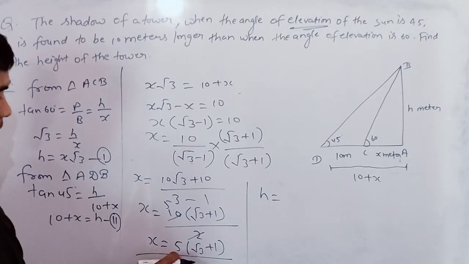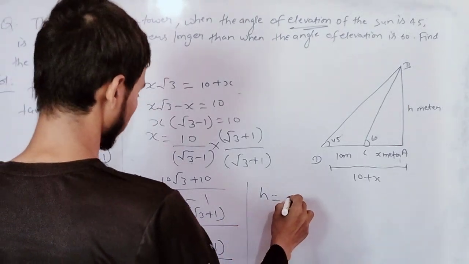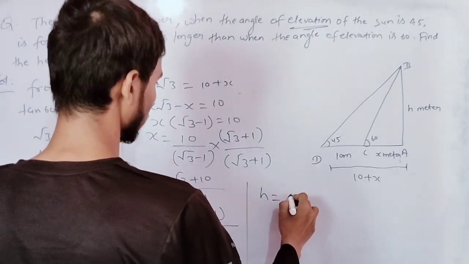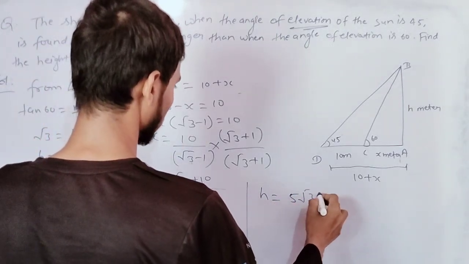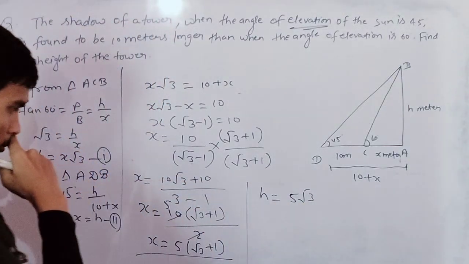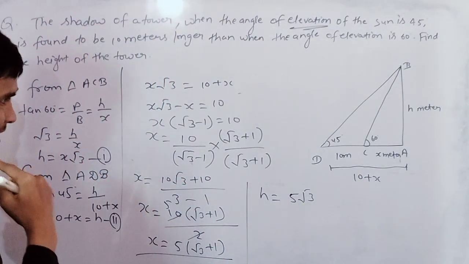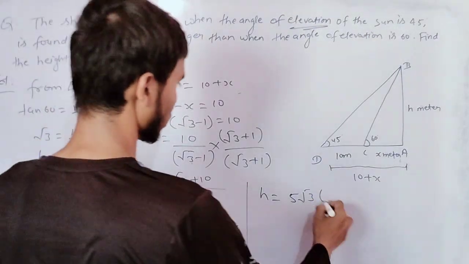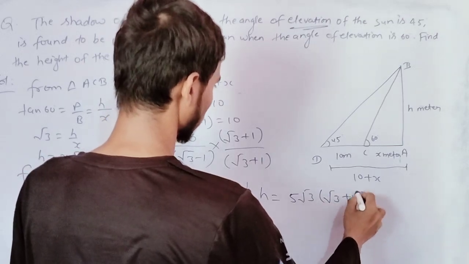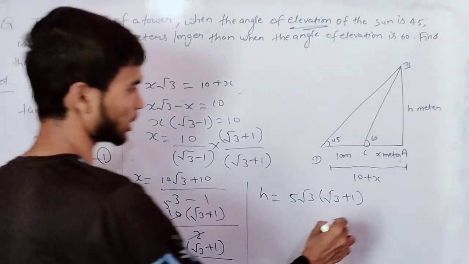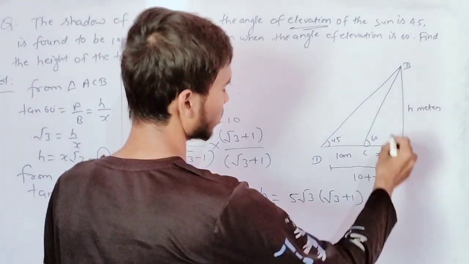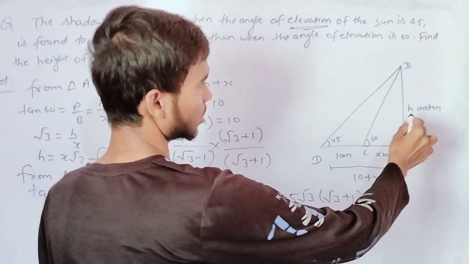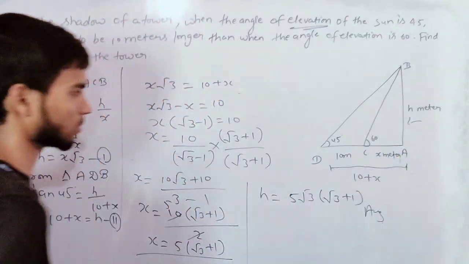Root 3 multiplied by this gives 5 root 3, and root 3 plus 1. This is what height. This is the height of this.